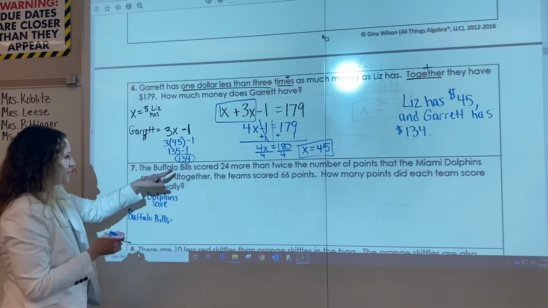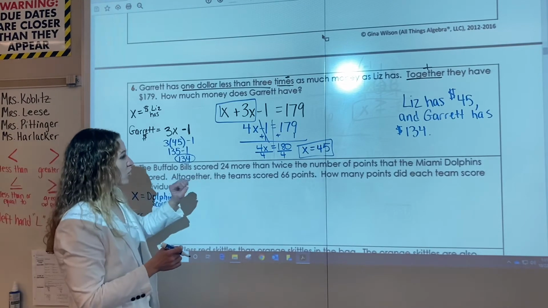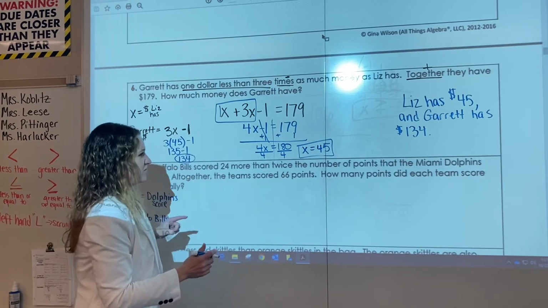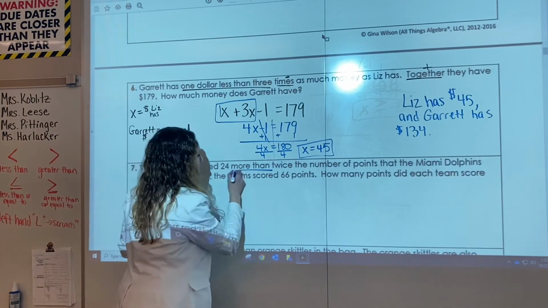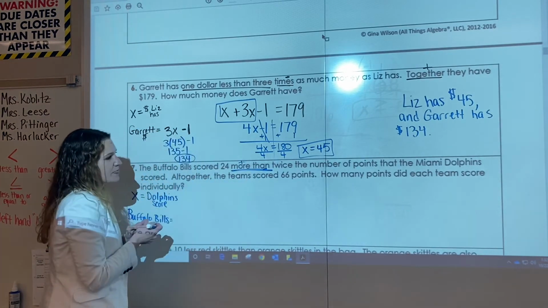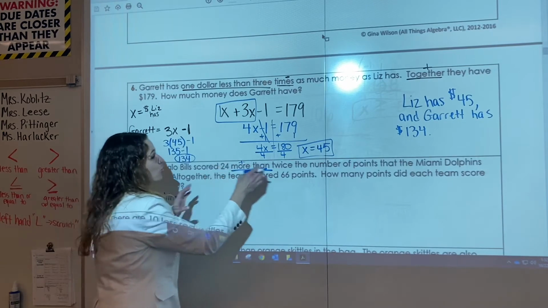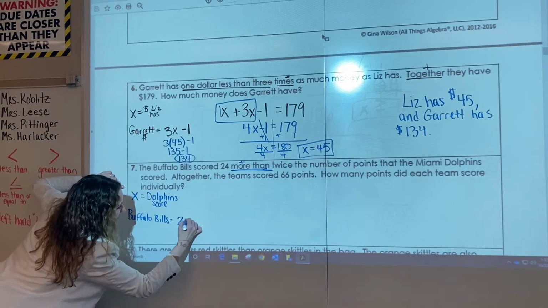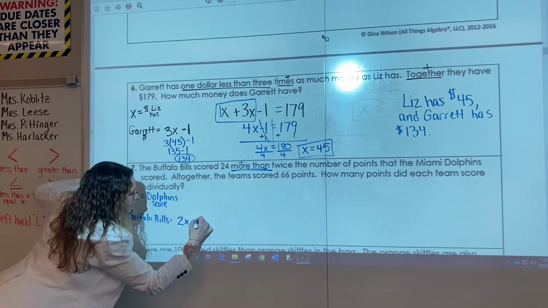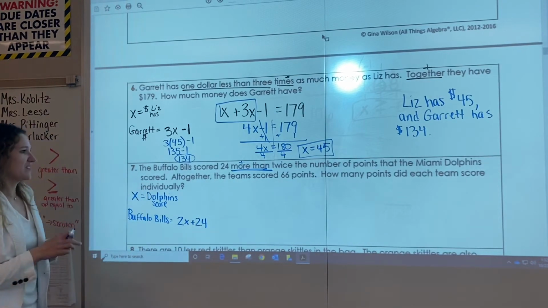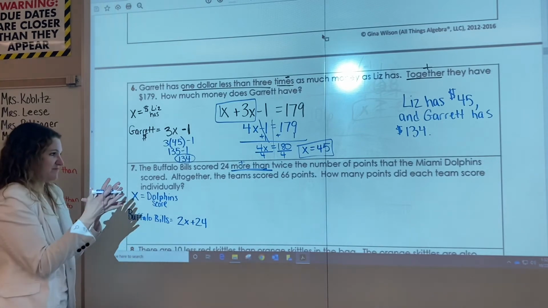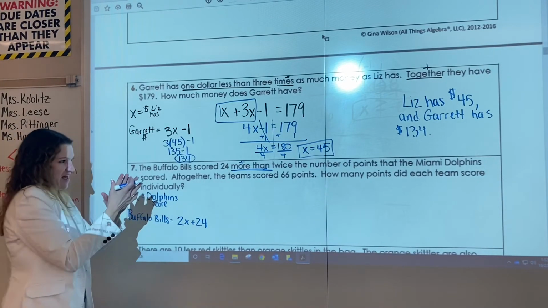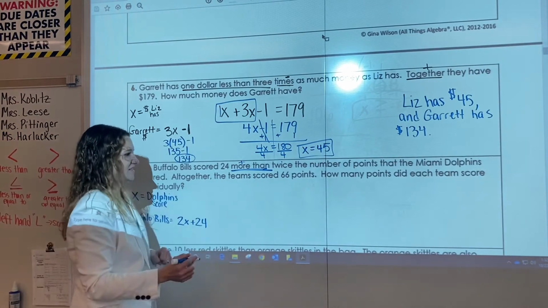So the Buffalo Bills scored 24 more than twice the number of points. So we know, since it's more than, we're going to be adding 24 to twice the number. And twice the number would be represented by 2X and then plus that 24. All together, the team scored 66 points.